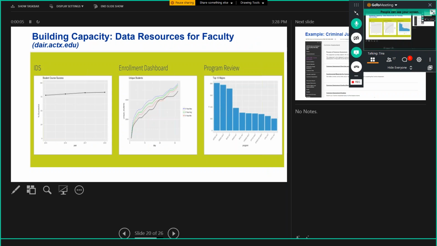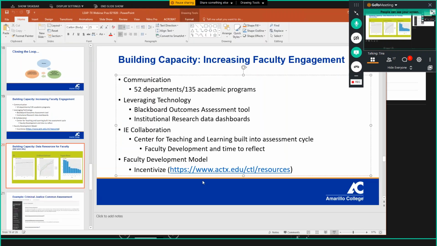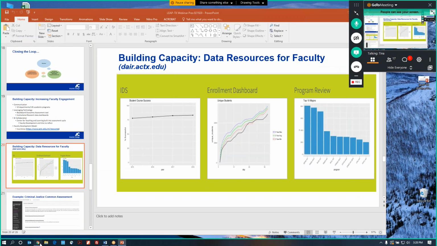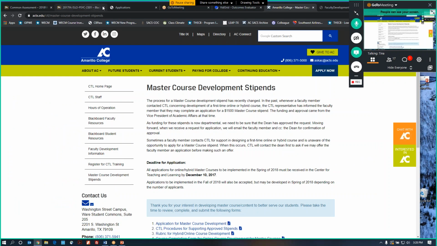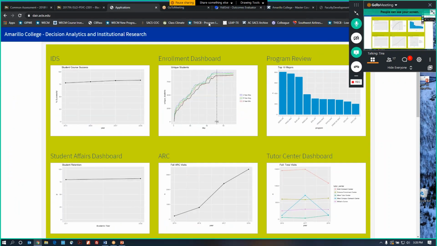So building capacity around assessment and around Blackboard outcomes, like I said earlier, we work with institutional research, and so we've got these data resources for faculty. Sorry, I'm switching back and forth on you, but I want to show you our resources here. So this is an example of our resources for faculty. So IDS is our student course success.